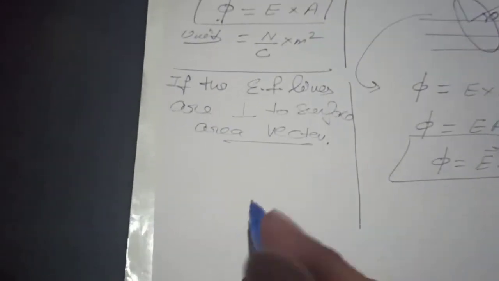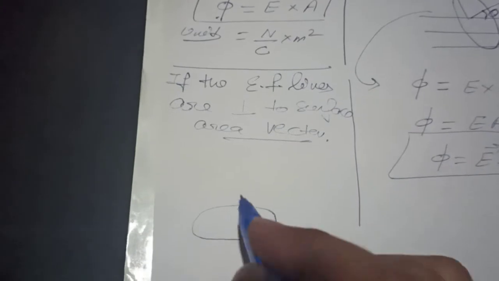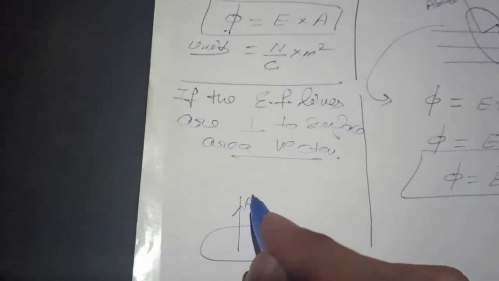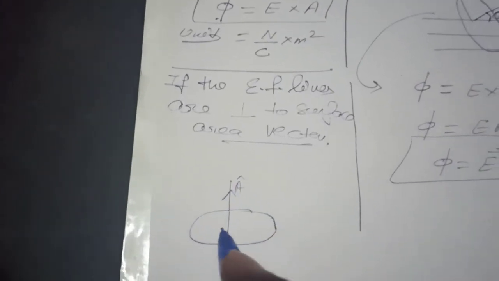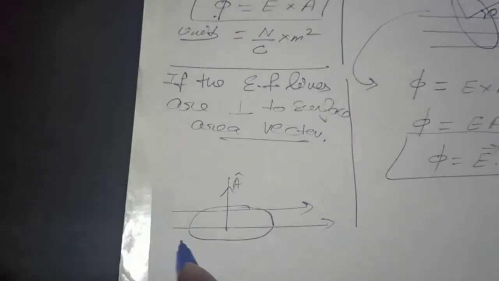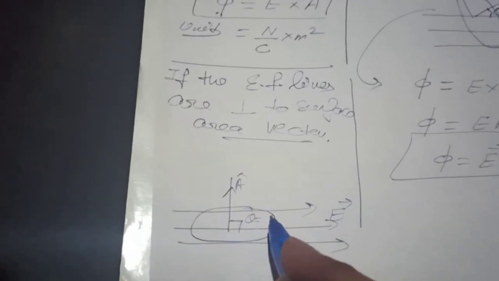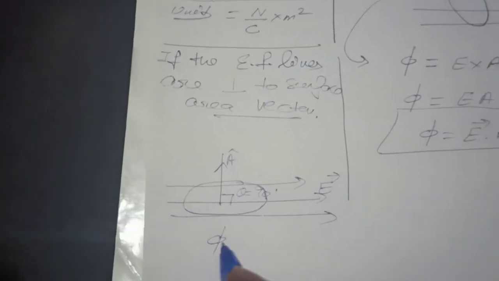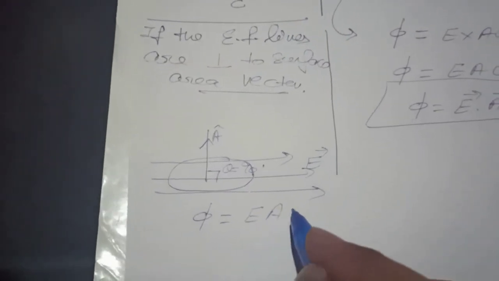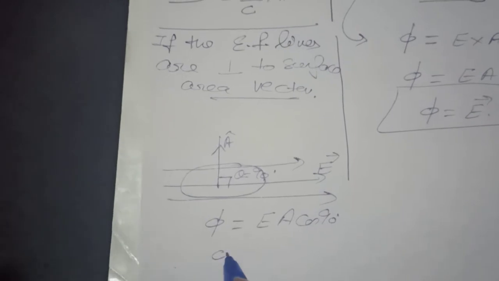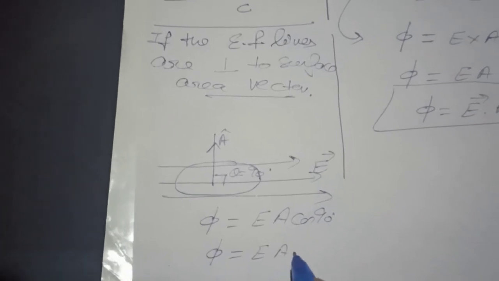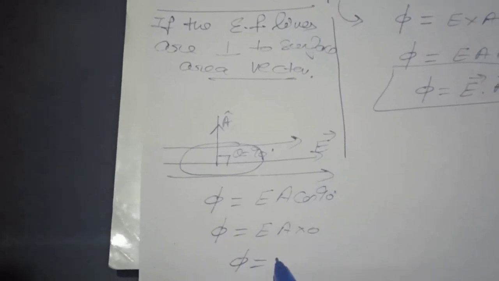This diagram is like this: this is the surface area having the surface area vector in this direction, A cap or A vector, and electric field lines are passing in this direction. So here theta is equal to 90. So as we put, phi is equal to EA cos 90, which is 0. So here electric flux is 0.